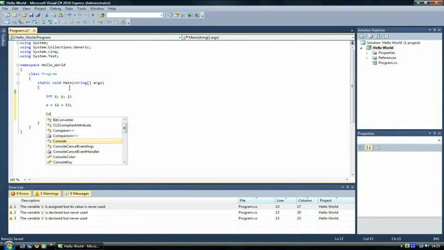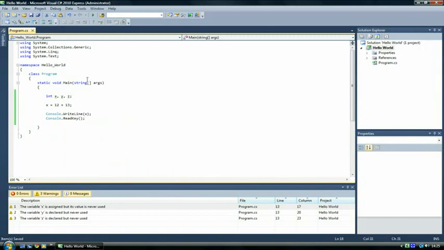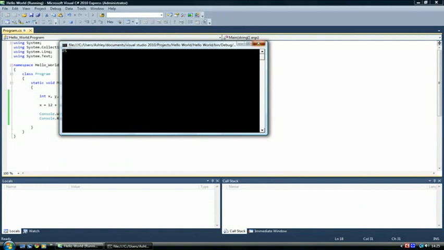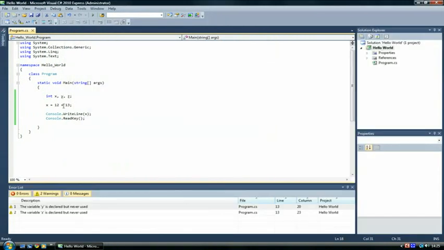And actually, we'll do Console.WriteLine x, Console.ReadKey. Okay, so we're on that, and it should be 25, and it is 25. Okay, so the math operator for adding is a plus sign. Real complex stuff there.